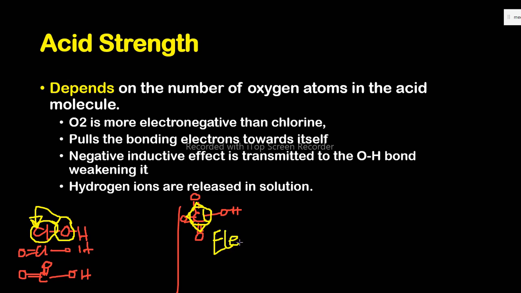Highly electrophilic. If this chlorine becomes highly electrophilic, to try to balance the equation, it will try to withdraw the bonding electrons from the Cl-O bond here, and the same effect is going to be distributed to this oxygen-hydrogen bond, which will weaken this bond.